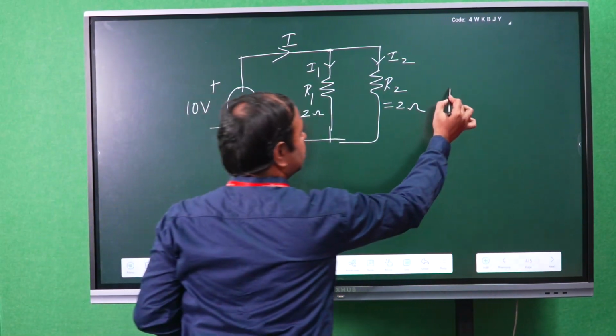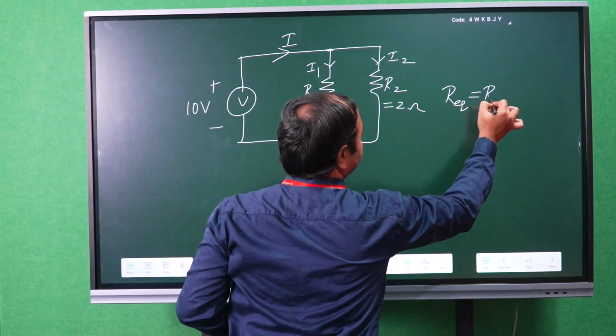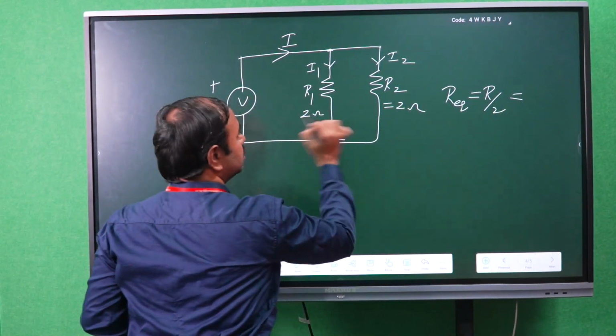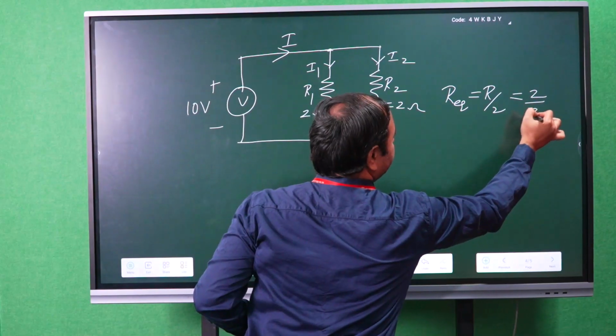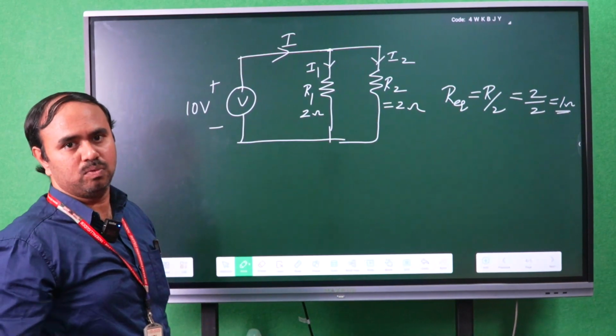So just now we discussed the technique R equivalent is R by 2. So R value is 2 ohms. So 2 by 2 it is 1 ohm. So R equivalent is 1 ohm.